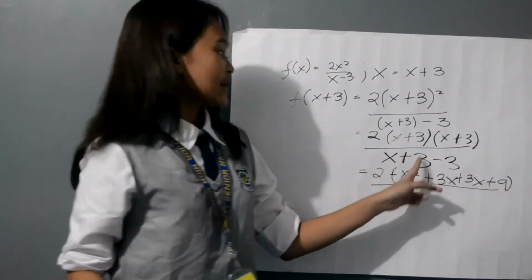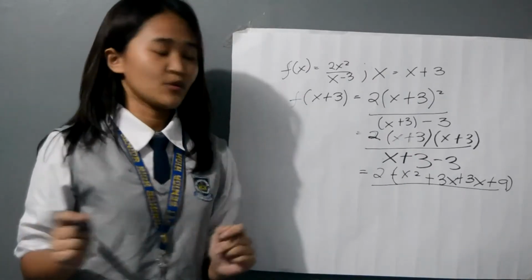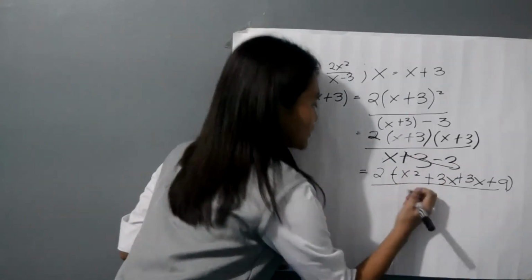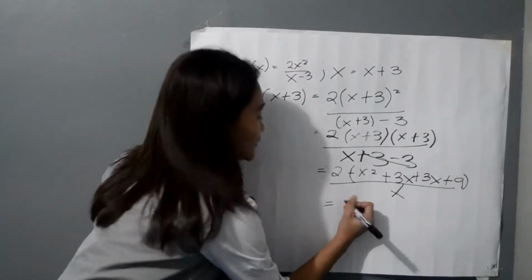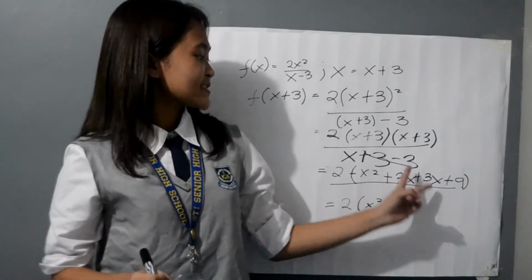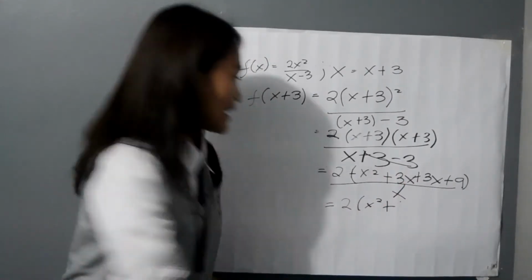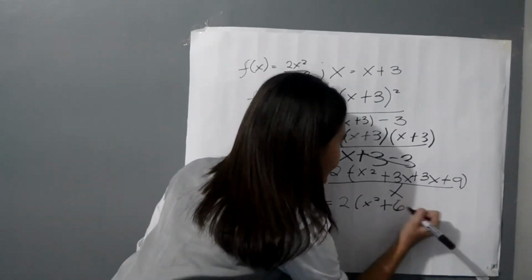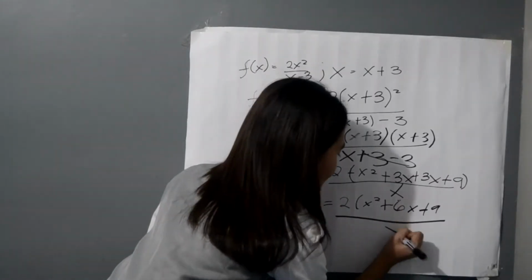And i-cancel lang natin to kasi plus 3 minus 3 is equals 0. So, magiging x na lang siya. So, 2 times x squared. Dahil may same term dito, magiging x sila. So, x plus 9 is over x.